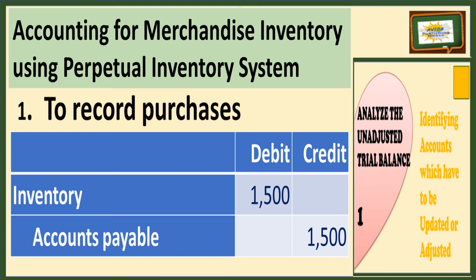Okay, this is the example of transactions in a perpetual inventory system. To record purchases, for example, there is 1,500 purchases made. So that entry will be debit to inventory and credit to accounts payable.